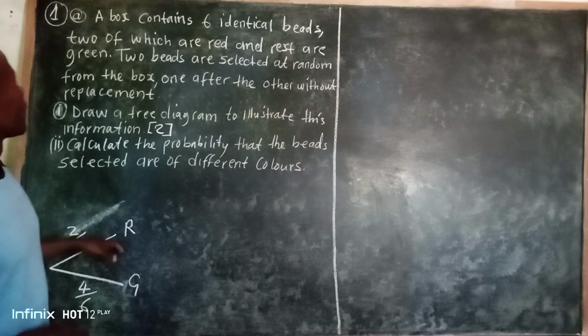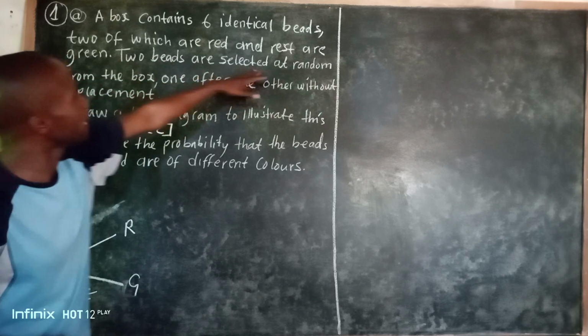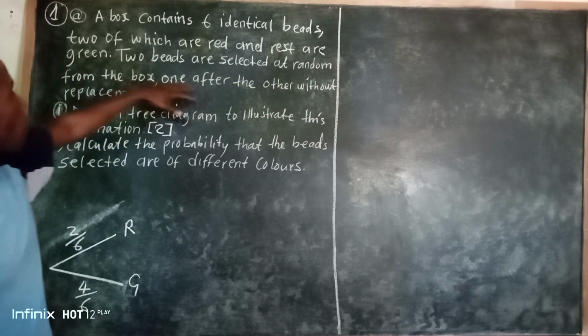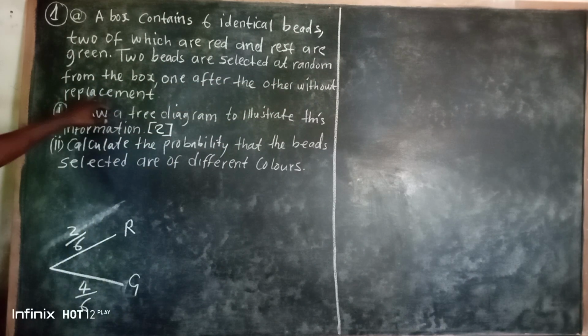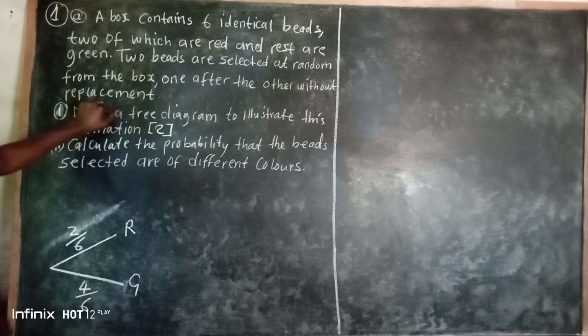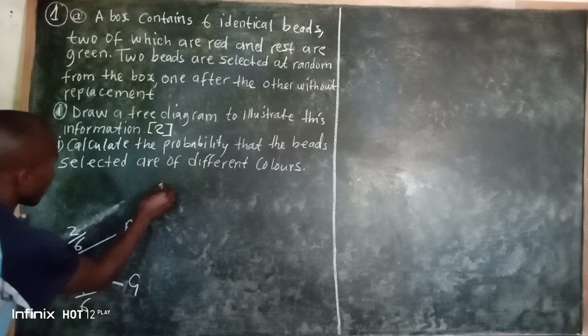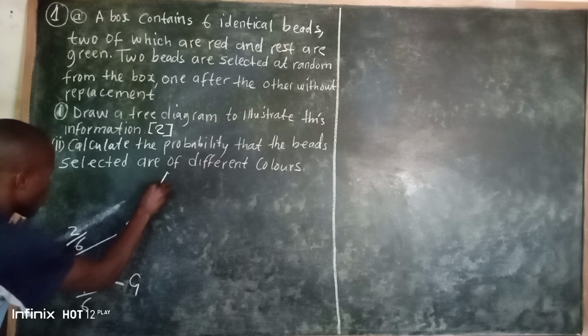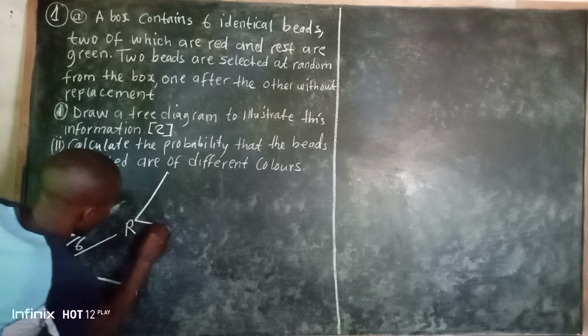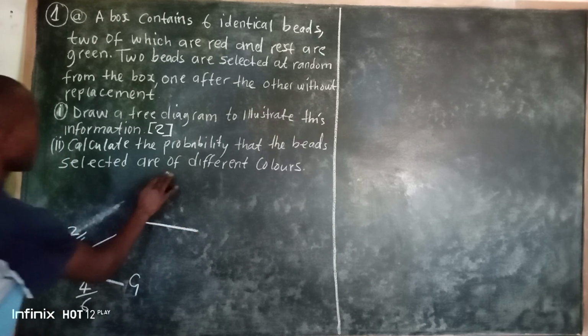Now here they are saying 2 beads are selected at random from the box, one after the other, without replacement. So we don't know which color was selected first. So now we start with this one and make another branch with 2 arms, like this one.